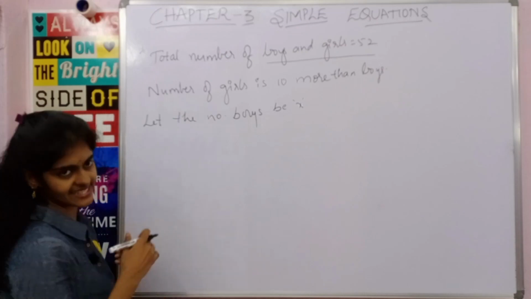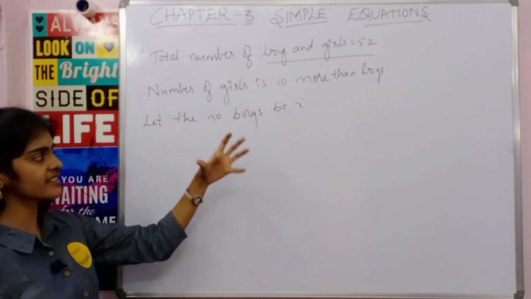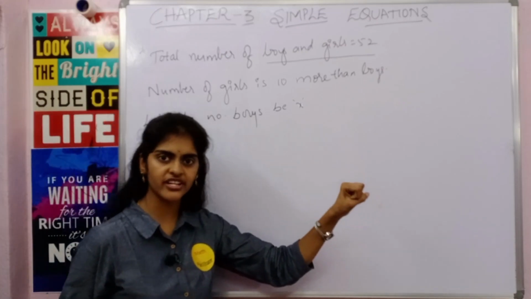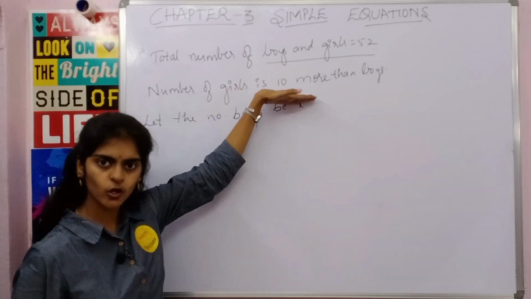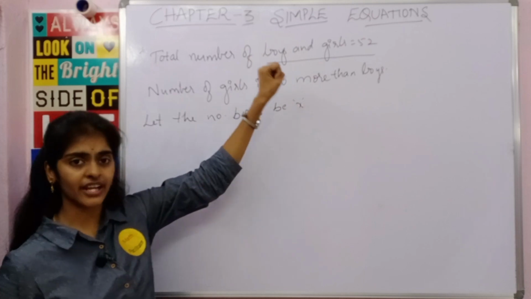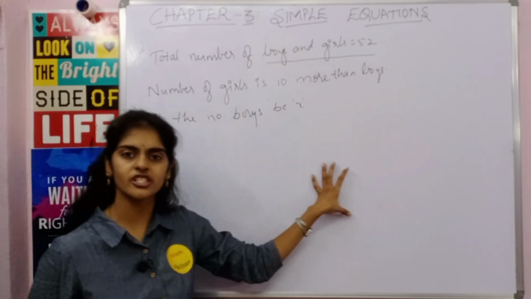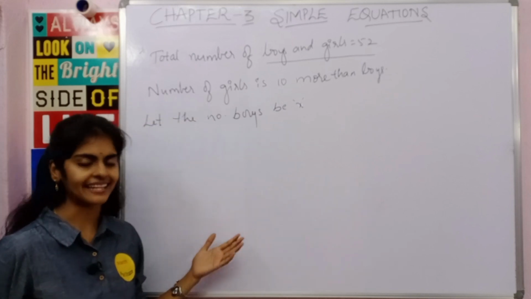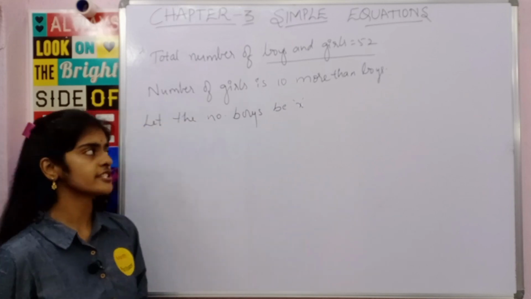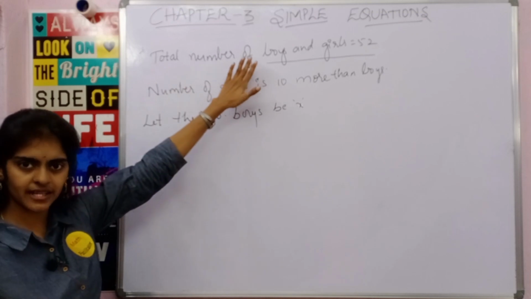So what is the next step? You will try to write an algebraic equation using the given conditions. Here some conditions are given to you, and using these conditions you transform them into the form of an algebraic equation. The next step is to solve it and then check your answer. So firstly, read the question carefully.